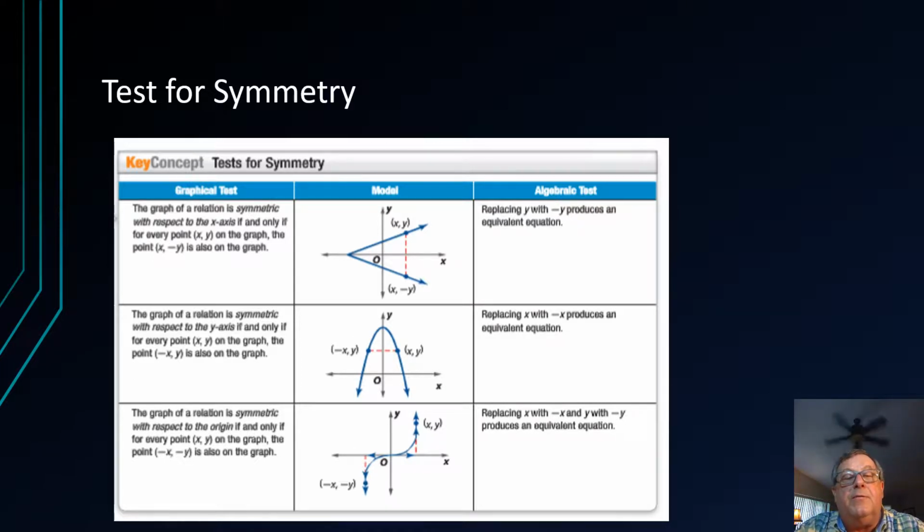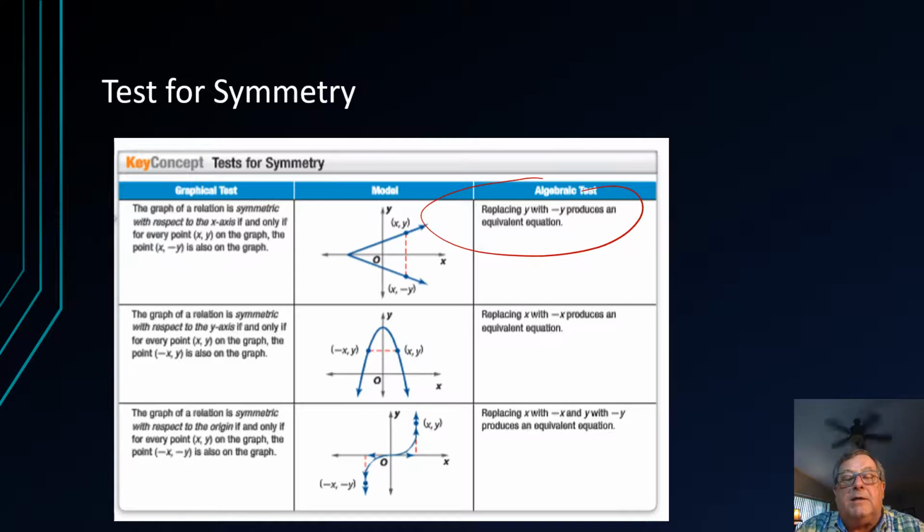And so then we could say that it is symmetric with respect to the x-axis, and that for every point x, y on the graph, the point x, negative y is also going to be on the graph. And we can also do an algebraic test, and that is if we replace y with negative y, we get an equivalent equation.